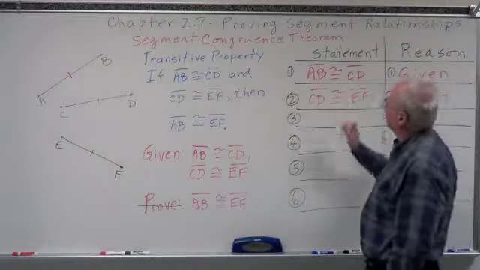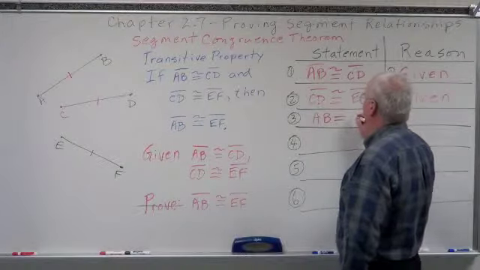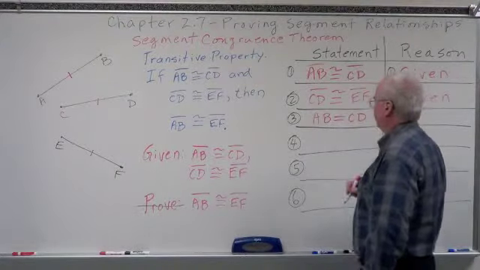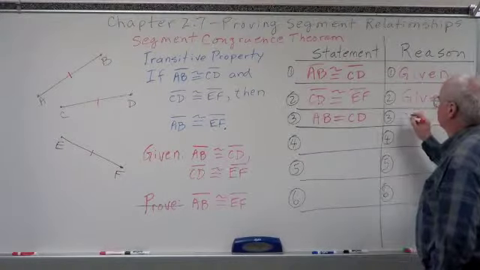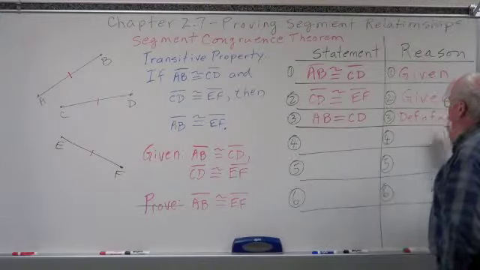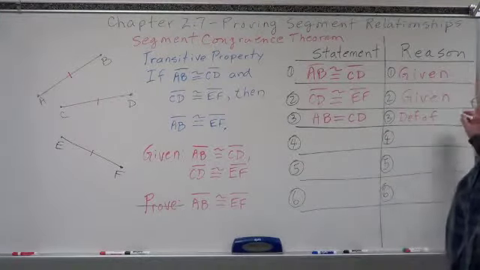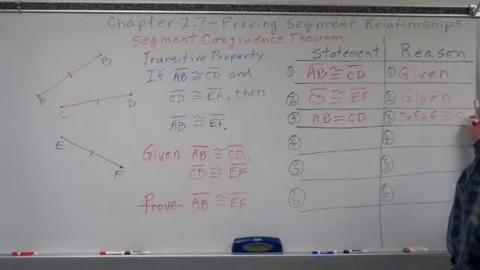Now immediately we can go to the measurement of segment AB equals the measurement of segment CD. Why? Definition of congruent segments.